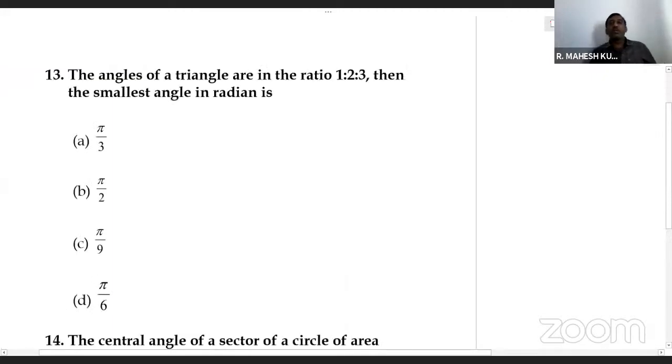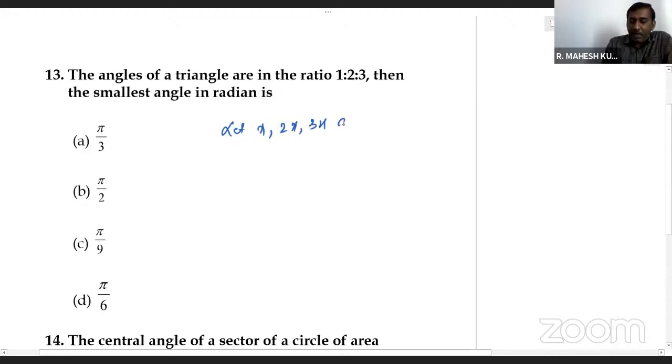Let us look at the 13th question. The angles of a triangle are in the ratio 1:2:3. Then the smallest angle in radian is. So the angles of a triangle are all in the ratio 1:2:3. So what we do, let us write the angles as x, 2x and 3x.